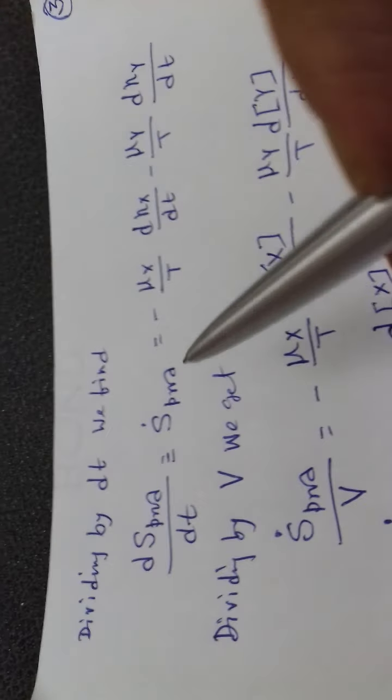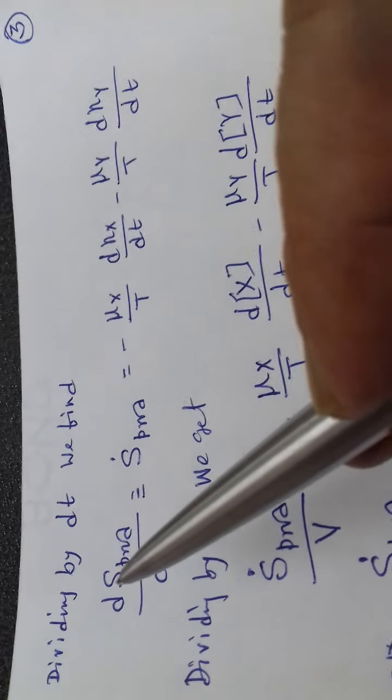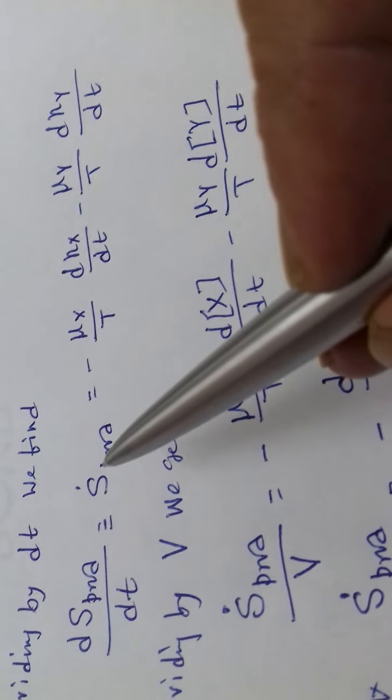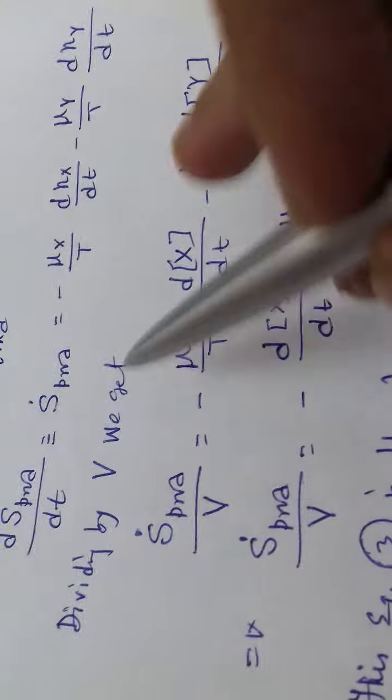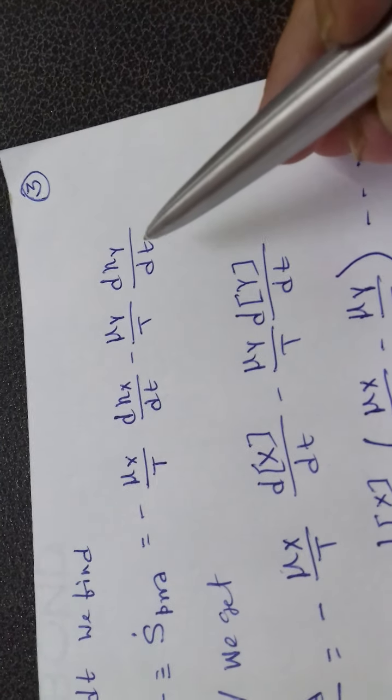Dividing the above relation by dt, we find that dS prod by dt, that is S prod dot, equals minus mu x by T dnx by dt minus mu y by T dny by dt.